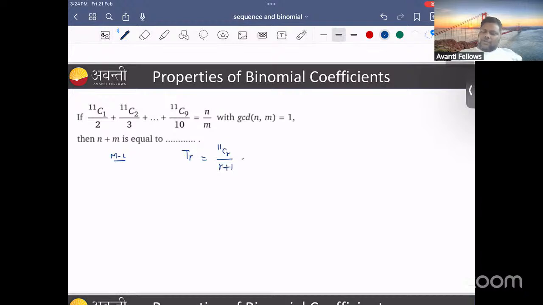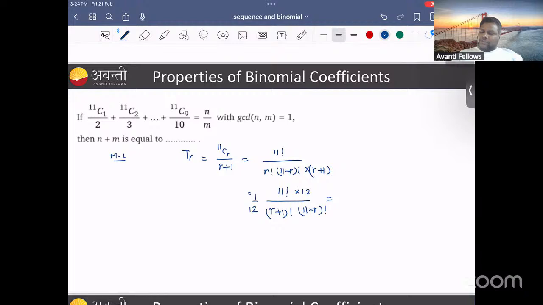Yes or no? So this is equal to 11 factorial upon r factorial into 11 minus r factorial into r plus 1. So it will become 11 factorial upon r plus 1 factorial into 11 minus r factorial. Let's multiply it by 12 and divide by 12.